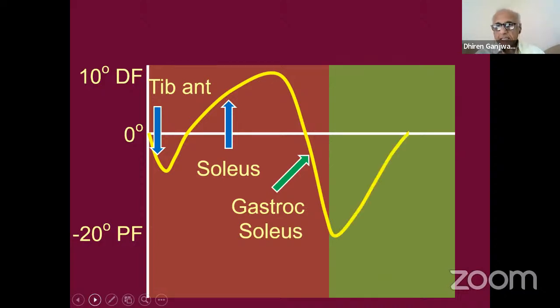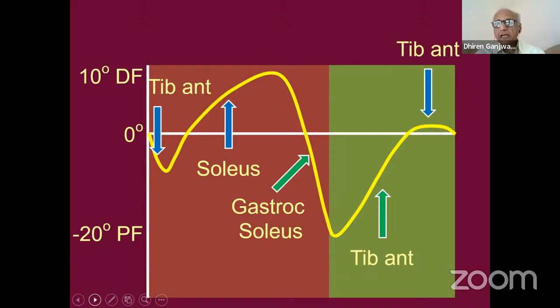And then there is a dorsiflexion, which is controlled by tibialis anterior, now working concentrically. And in the last phase, the tibialis anterior is working eccentrically, which is going to continue again in the first part of the gait cycle. So that was about how various muscles control the ankle.